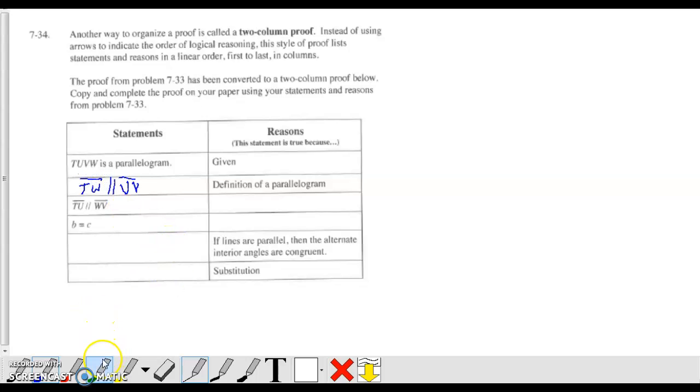We get to say that because it's the definition of a parallelogram. This information is also a definition of a parallelogram. If both of these spots were blank, you can switch these two rows. It does not matter which one you write first, but it needs to come before the next piece of information.